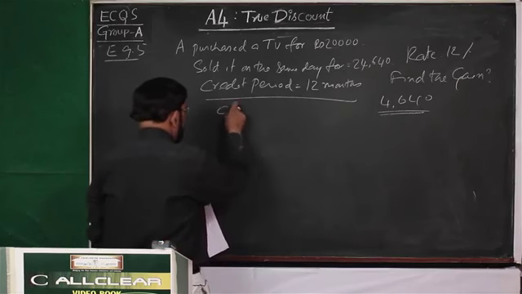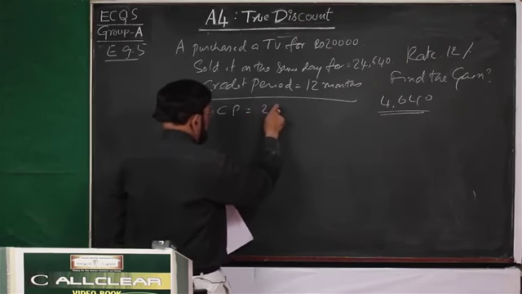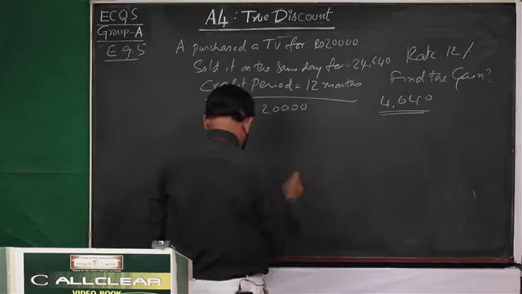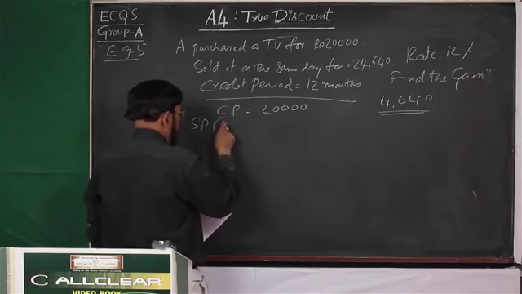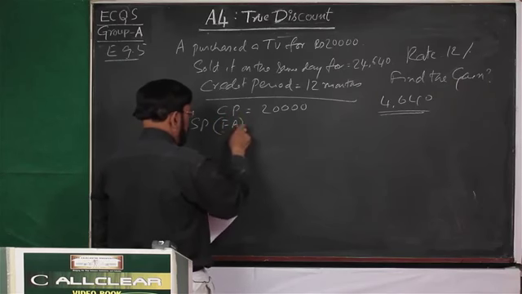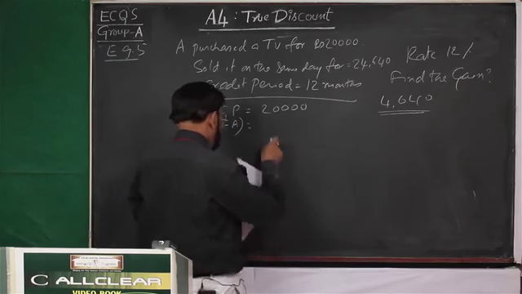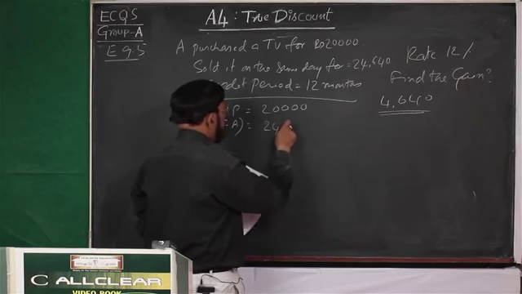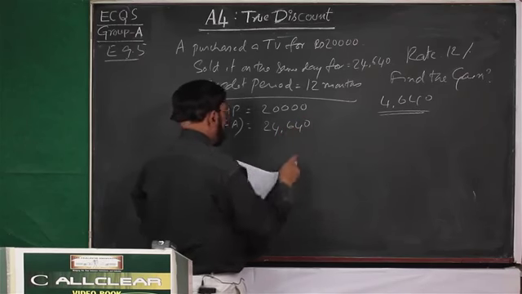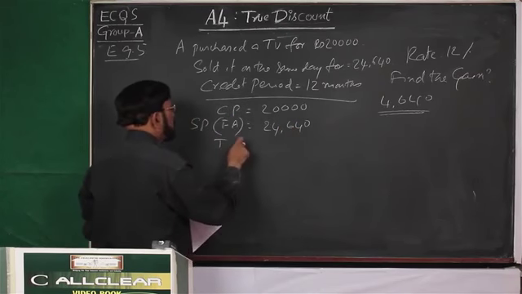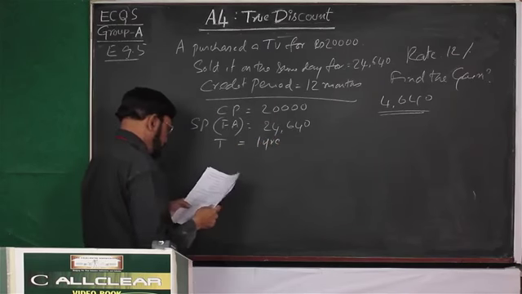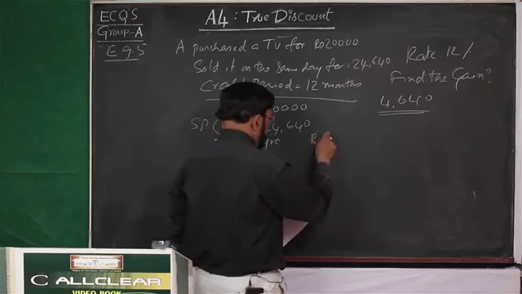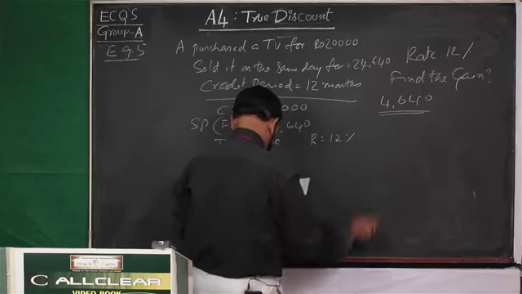So CP is 20,000 and SP, what we can call the future amount, is 24,640, time 12 months, which we write in years, and rate 12%.